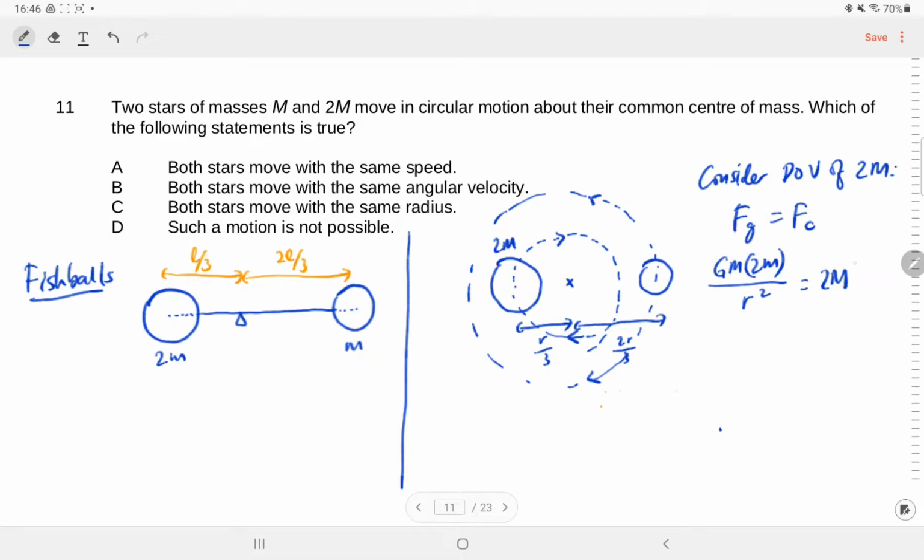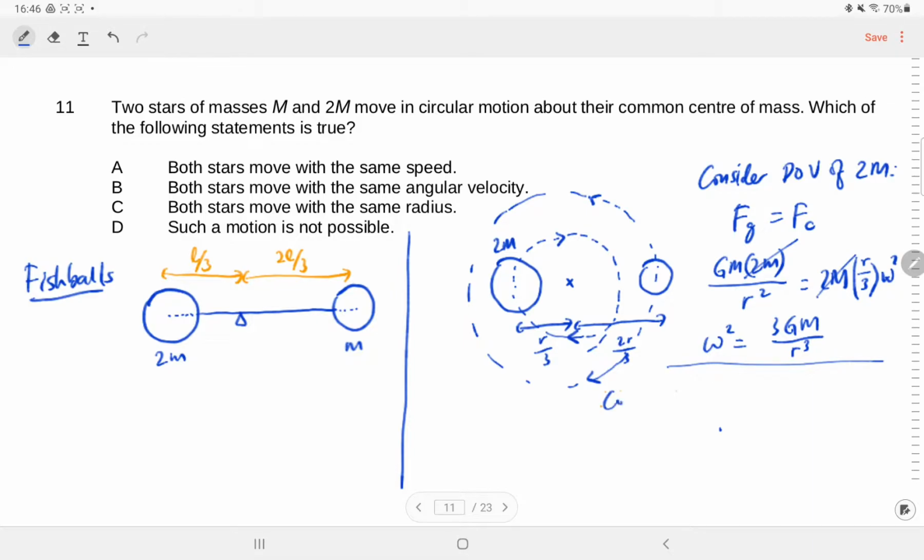So for 2m, what is the radius? It's r upon 3, times omega squared. With this, you can cancel away the 2m on both sides, and you'll see that omega squared equals 3Gm over r cubed. We don't know what that is, so we just leave it hanging for the moment.